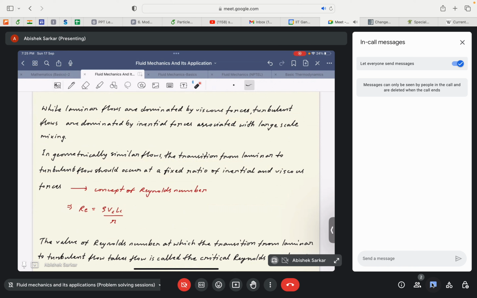Both laminar and turbulent flow can be modeled by the Navier-Stokes equation, so they are solvable. But the problem lies in the fact that the equations are so difficult to solve that getting an analytical solution for even simple flows seems almost impossible. Then for turbulent flow, you can understand how difficult it would actually be, right?